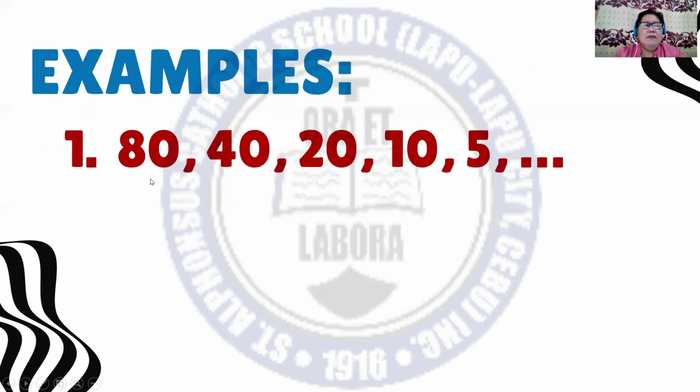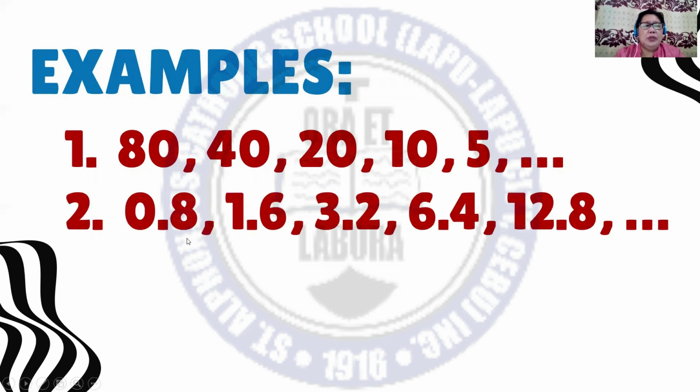Examples, you are given 80, 40, 20, 10, 5, and so on. So we have the ellipsis, meaning no last term. So this is infinite. Number 2, 0.8, 1.6, 3.2, 6.4, 12.8, and so on. So another example of infinite geometric sequence.